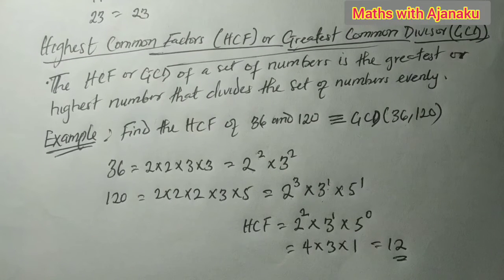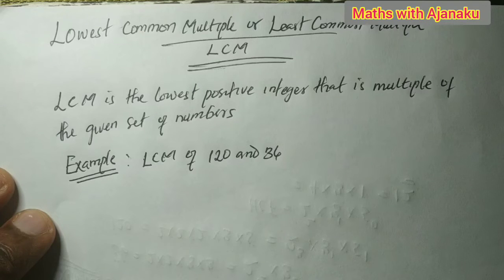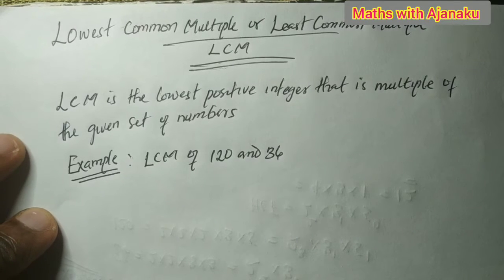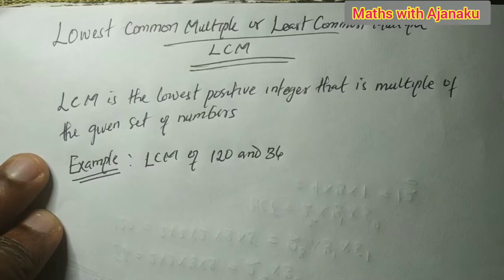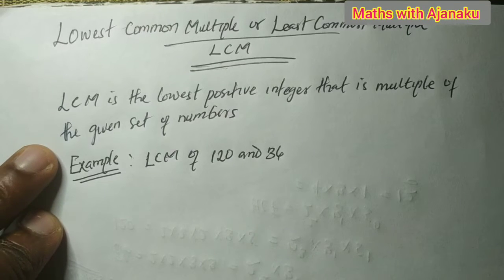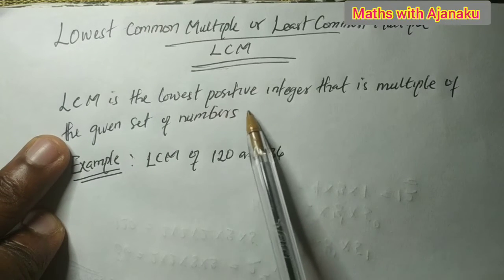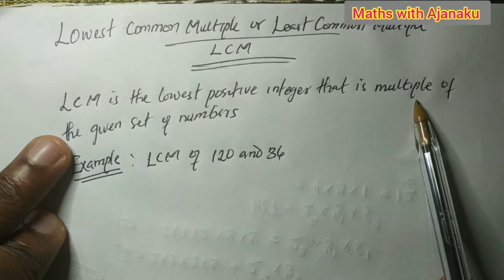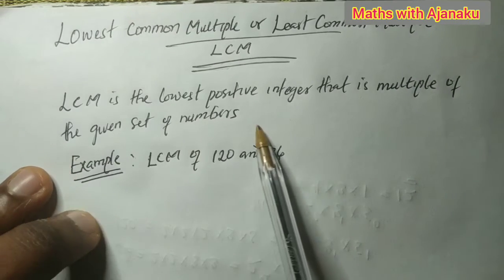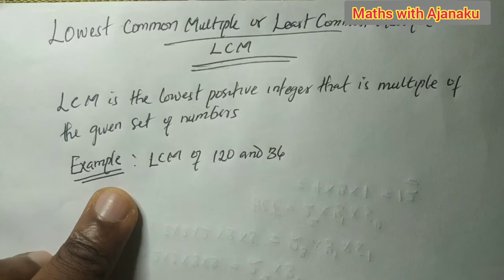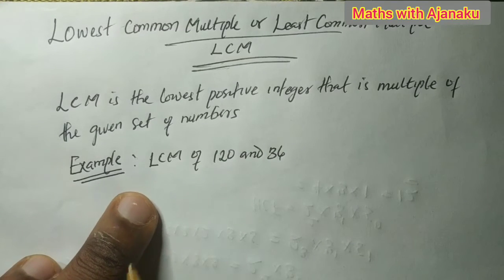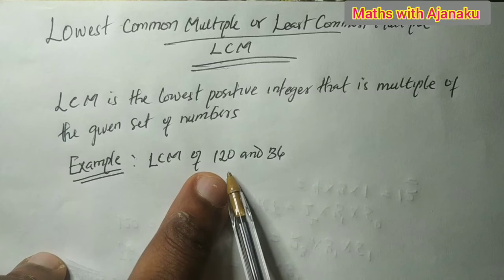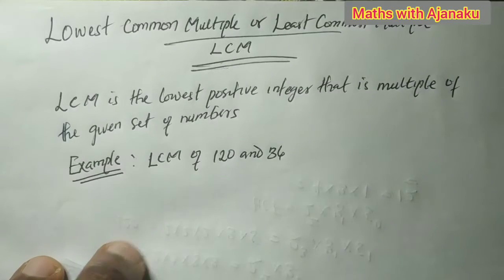Let's go ahead to discuss LCM, the lowest common multiple or least common multiple. LCM is the lowest positive integer that is a multiple of the given set of numbers. That is, supposing we are given an example and we have to find the LCM of 120 and 36.